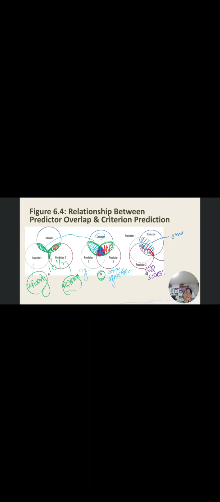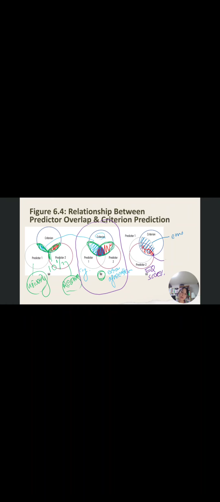You just waste money and time because the EQ test has really low reliability and the validity is overlapping with the existing test scores. Okay, so the ideal choice will be finding those predictors that look like B, so that it does predict job performance, but also there is no significant overlap with existing predictors.